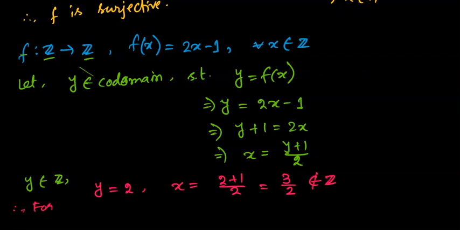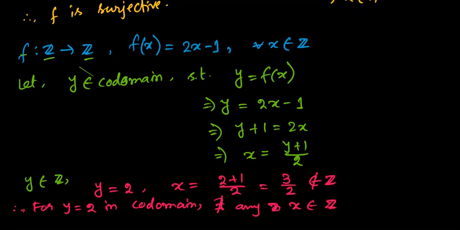Therefore, for y equal to 2 in codomain, there doesn't exist any x in domain.